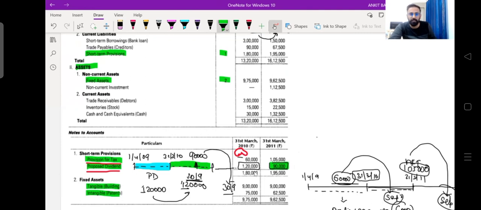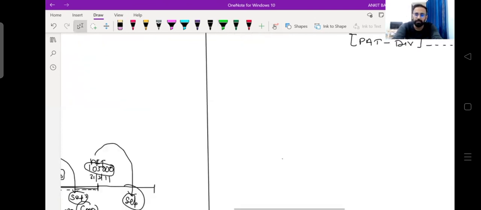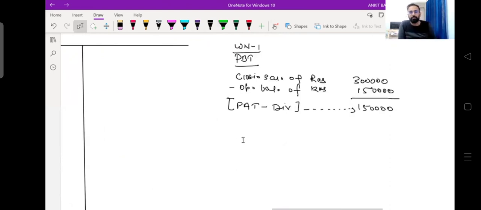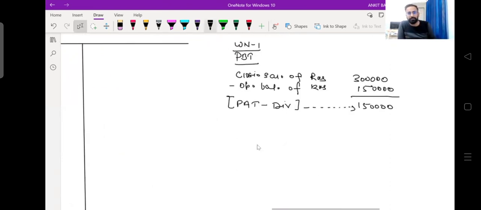Similarly, the company has created a provision for taxation of 1,05,000 this year. We have to add back this balance to find the actual profit before tax. So I will add the dividend amount, 90,000, and the tax amount, 1,05,000.